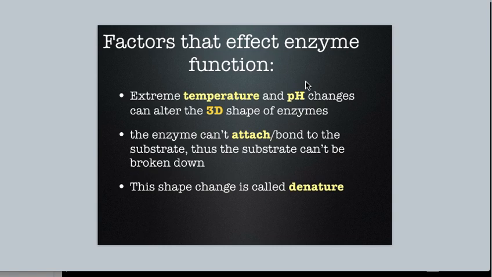If that happens, it's something called vomit or throw up. So if you throw up or vomit, that's because there's a pH change in your stomach, or it could be a temperature change, and the enzymes don't work, and the stomach's like, I can't do anything with it, so it's got to go, and up it comes.